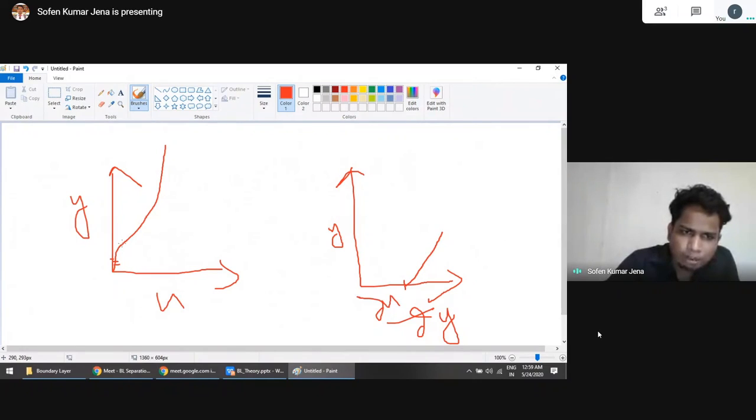Because from here, if you go, the slope is maximum, right? Then at a point, the slope approaches 0 because there will be no change in del u by del y. So this term will gradually increase over here, up to some point, then it comes to 0. This position is what? The inflection position. Del u by del y is 0, the zero shear region.